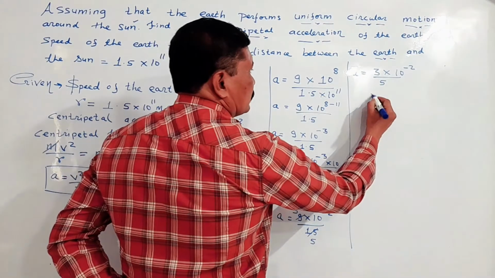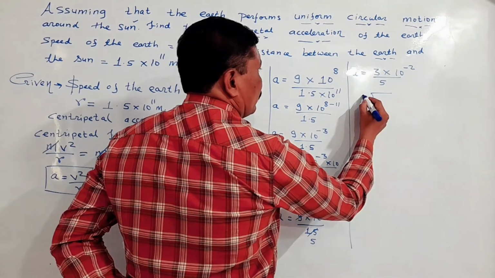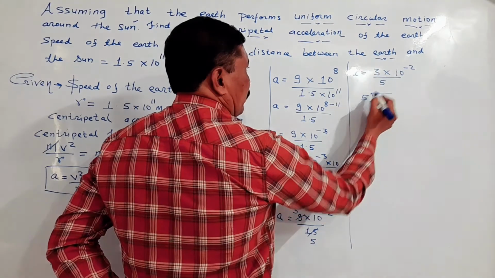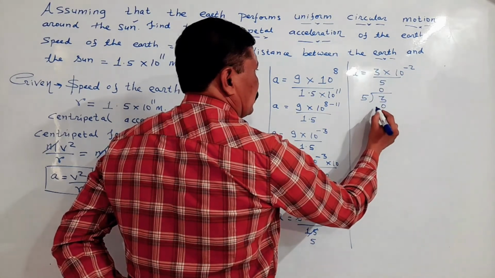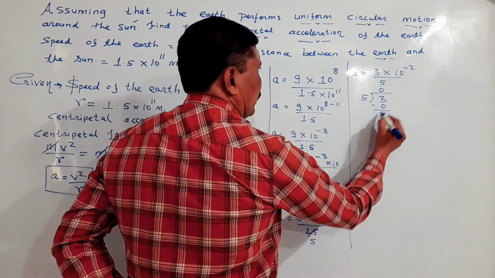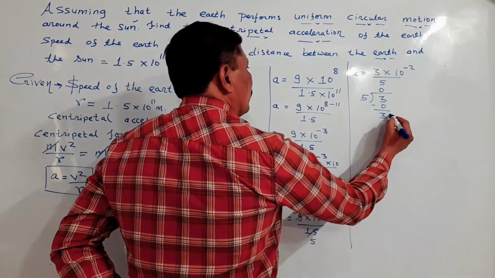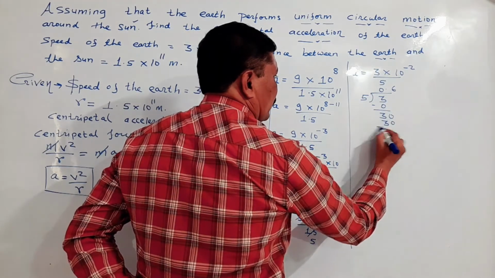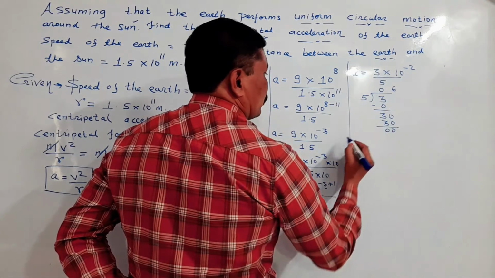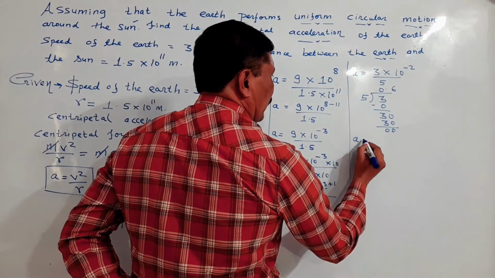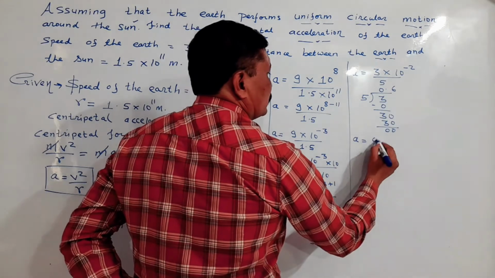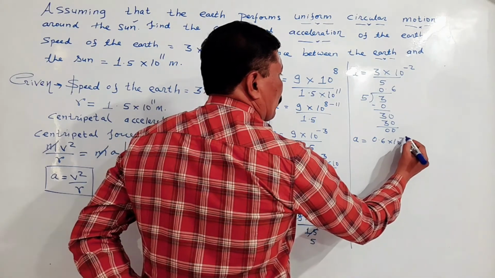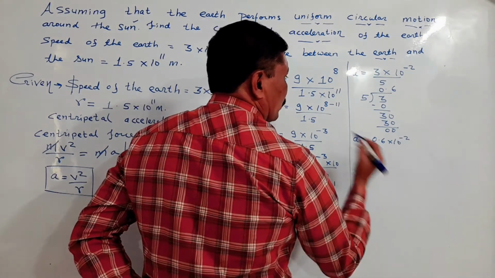Now my dear student, we will divide it. 5 into 0 is 0, minus 3, the point will be put here, 5 6s are 30. So my dear student, here a is equal to 0.6 into 10 to the power minus 2 we get.